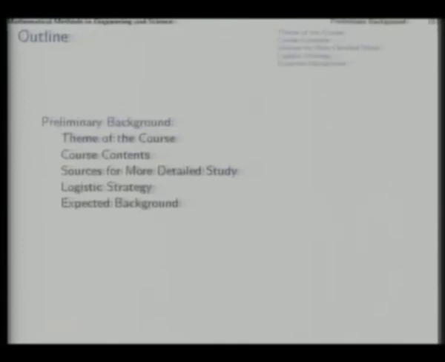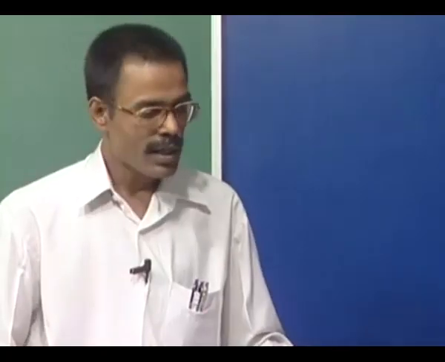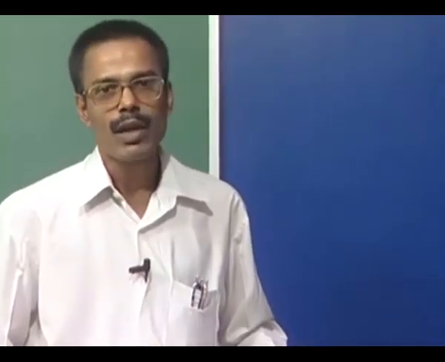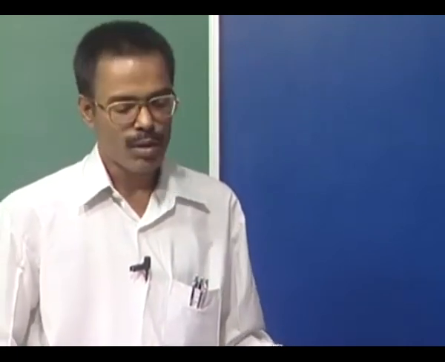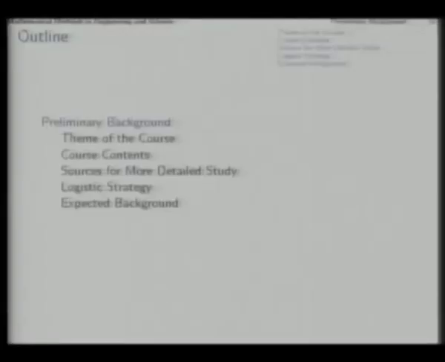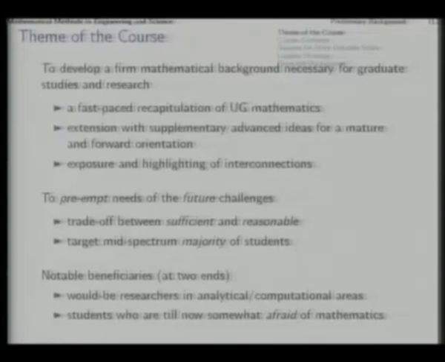So, before proceeding into the important topics of the course, let me briefly give the preliminary background that will be needed throughout the course. The theme of this course is to develop a firm mathematical background necessary for graduate studies and research, and therefore, it is important that we conduct a fast paced recapitulation of the undergraduate mathematics, here and there with extensions with supplementary advanced ideas for a mature and forward orientation of the subject matters covered.